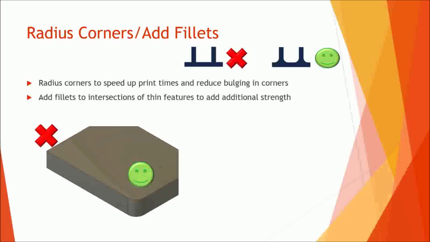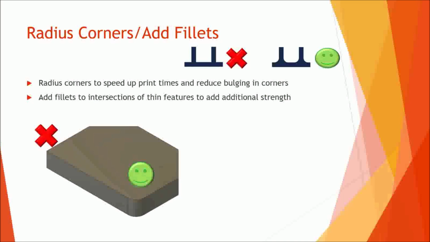And it can't do that perfectly, so it's going to overshoot the corner a little bit, correct, and then head off in the other direction. So this will cause bulging on the corners, and you can actually see and feel the corners bulge out a little bit because of this run over past the end of the part.